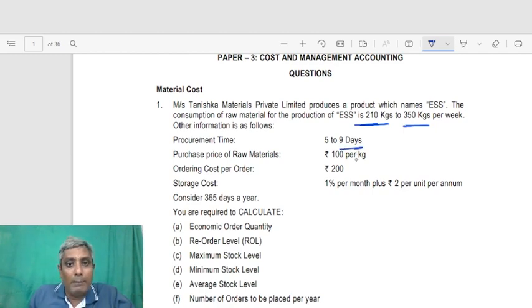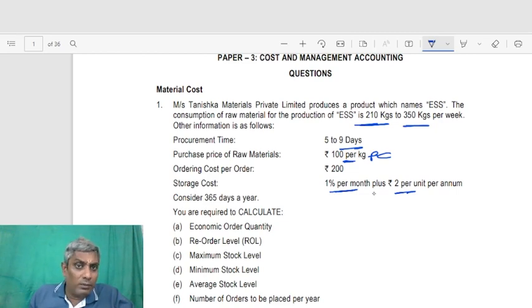And raw material purchase price, this is called purchase cost. We say PC, purchase cost, which is 100 per kg. Ordering cost, OC. Storage cost, which is 1% per month plus 2 rupees. So, there are two elements in storage cost. As a student, you should be able to understand these two elements in storage cost.